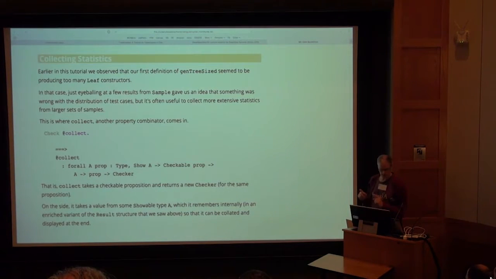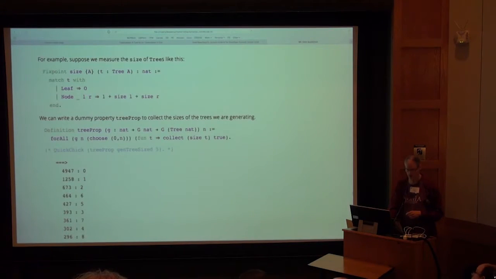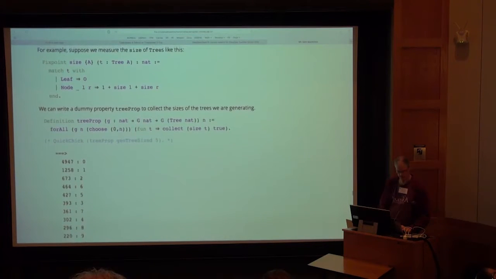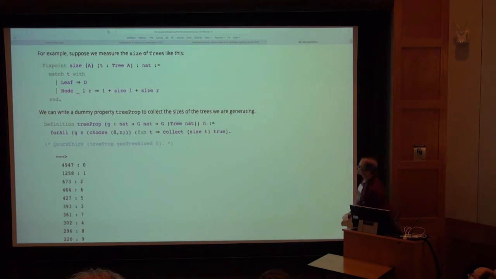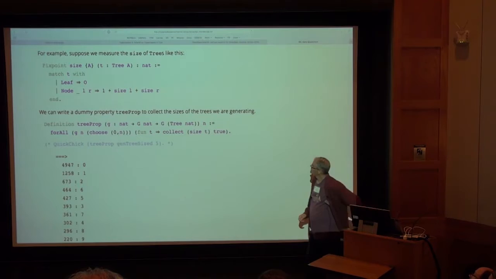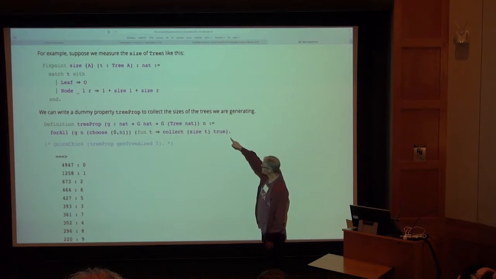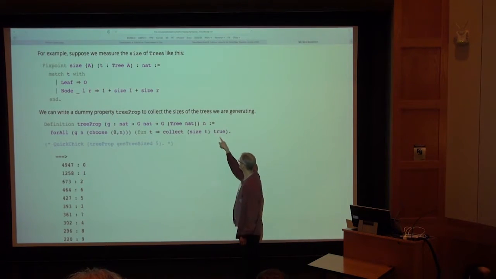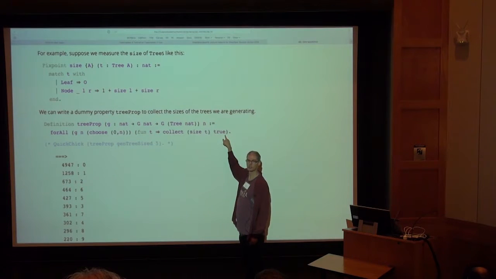Basically, it's a way of wrapping a checker in a widget that remembers the values that are being generated and allows statistics to be presented at the end. So, easier to see this by example, if we define a size function for trees and we write a property that says, so the fundamental property here is just true. So this property is never going to fail.